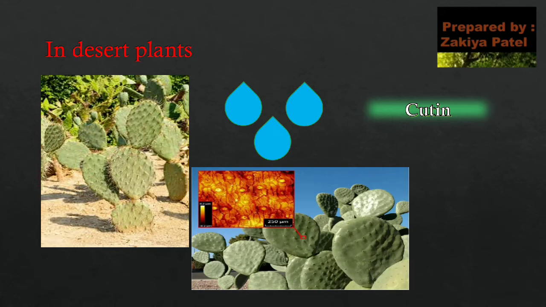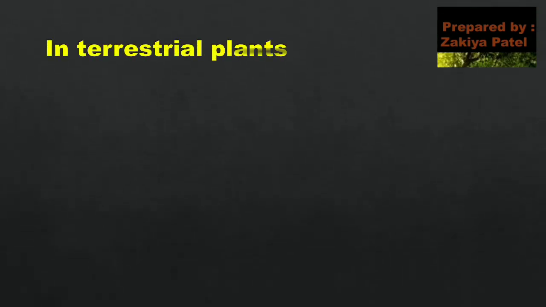Now we will move to the terrestrial plants, or we can say normal plants. In terrestrial plants, if we talk about the aerial parts, as I already told you, aerial parts are those present above the ground, that is stem and leaves.